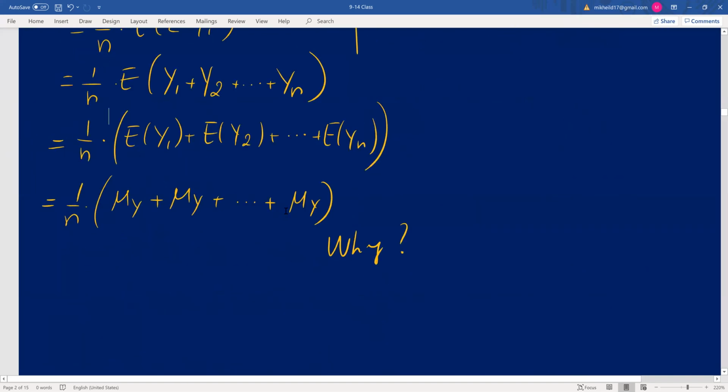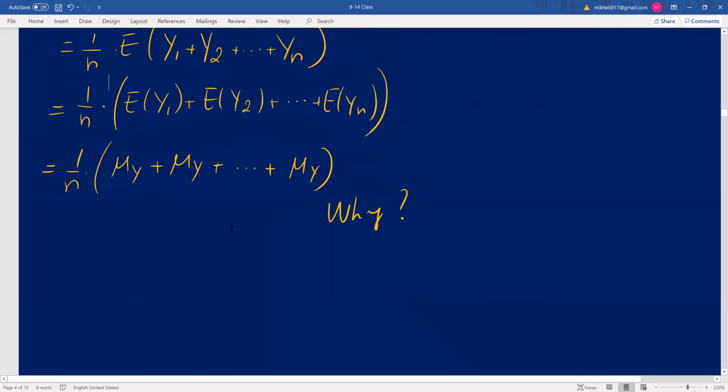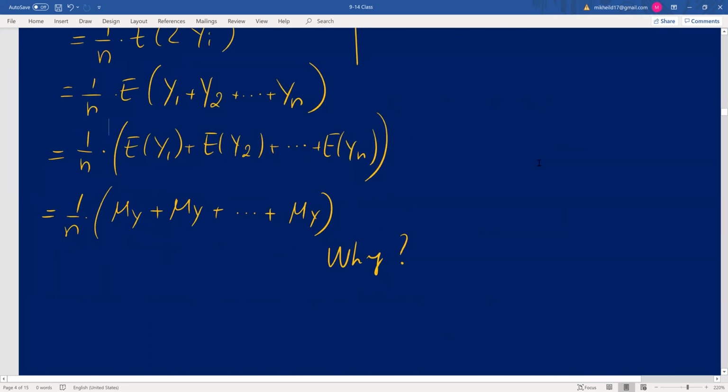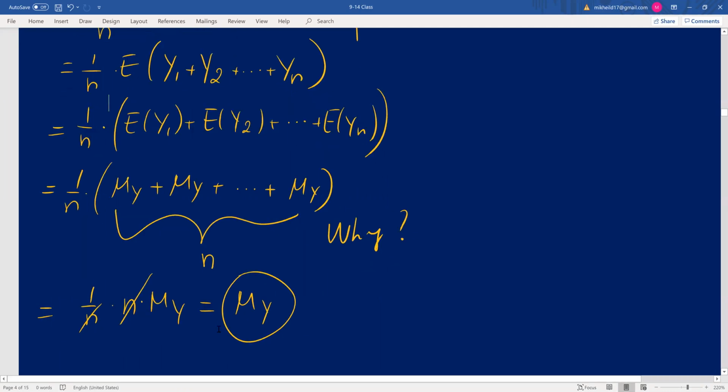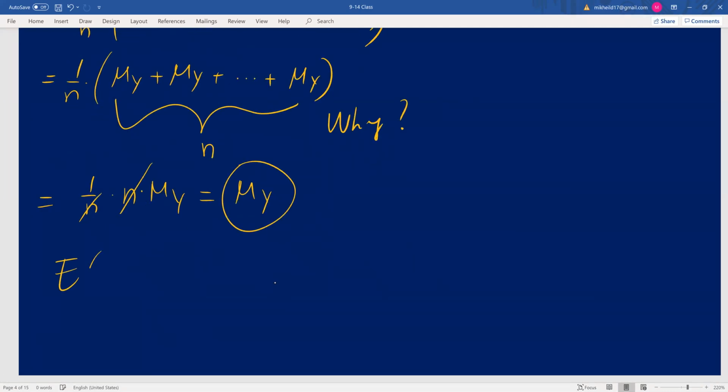So how many mu of y's do we have here? N values. So we have 1 over n times n times mu of y. Do you agree with me? And then these n's cancel out and you are left with mu of y. So we obtained that the expectation of y bar is mu of y.